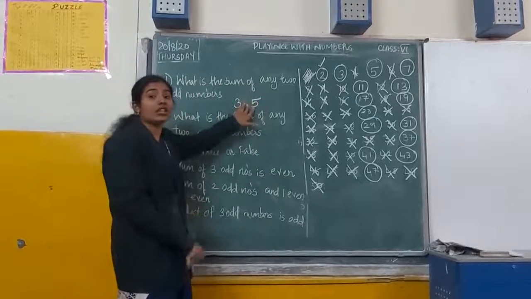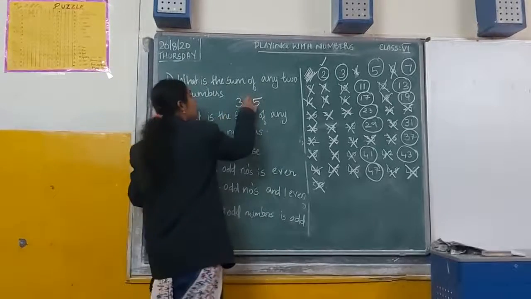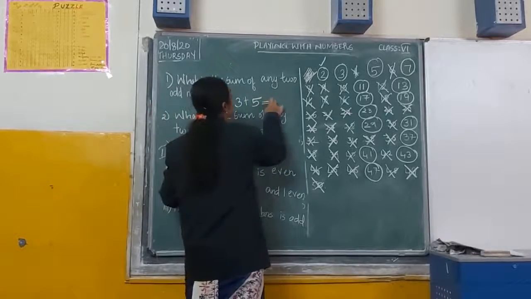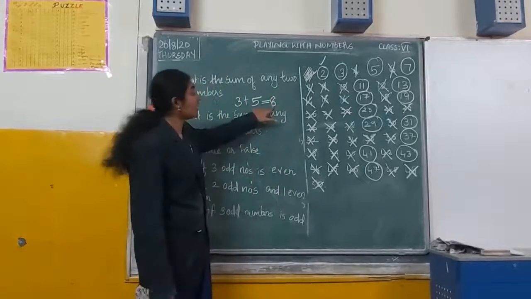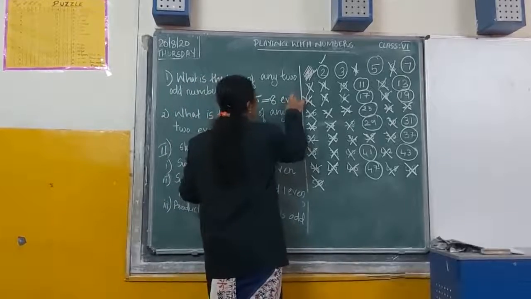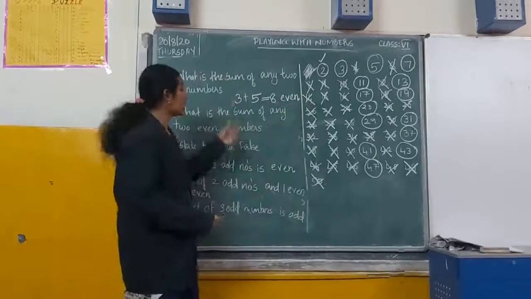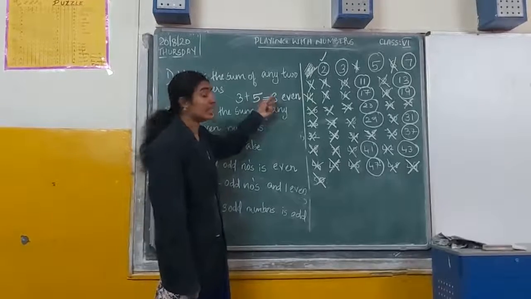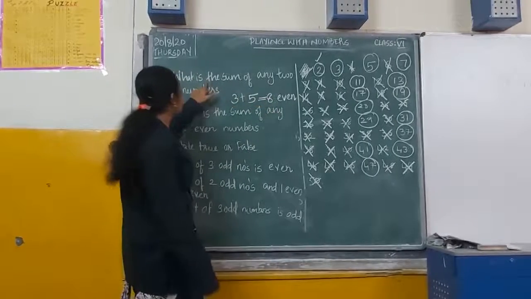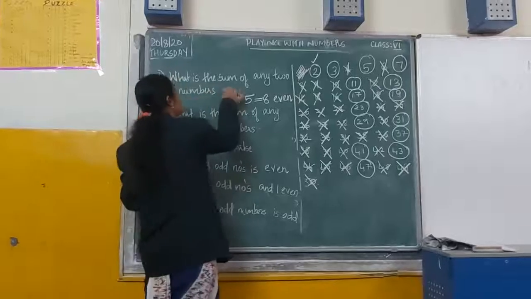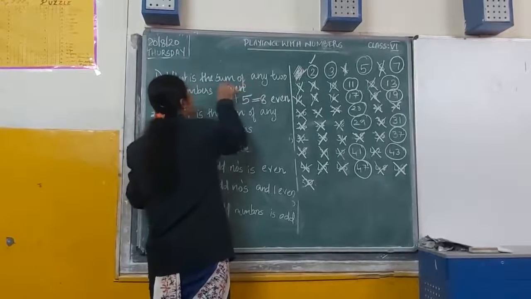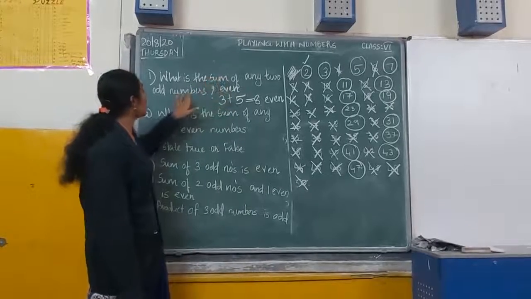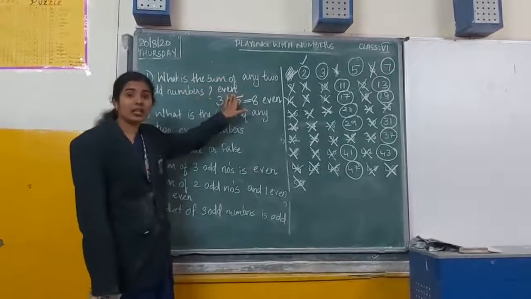Take the sum of that, that means add it. What will you get? 8. 8 is an even number. When you are adding two odd numbers, you will get an even number. So the sum of any two odd numbers is even.